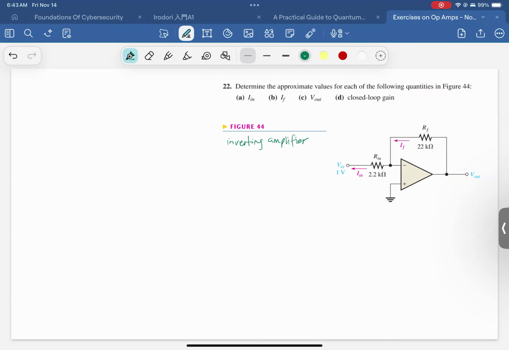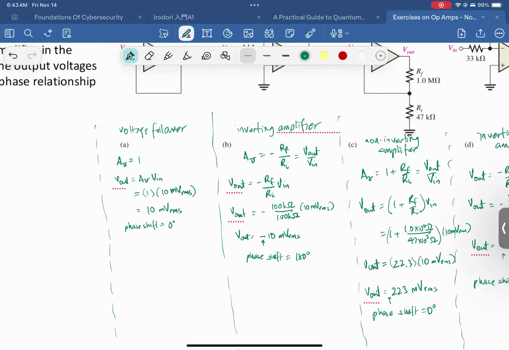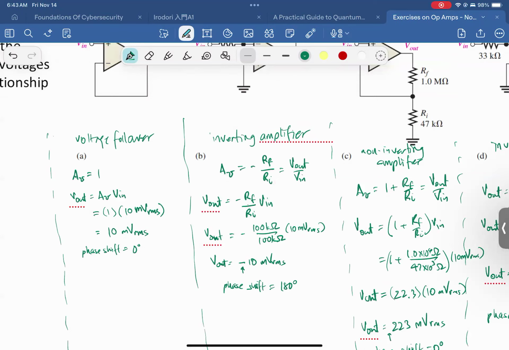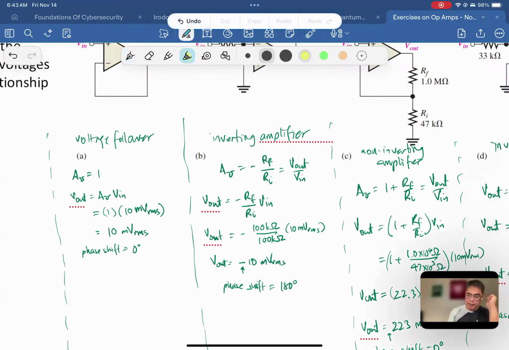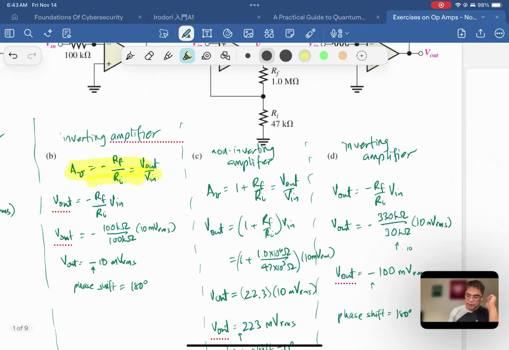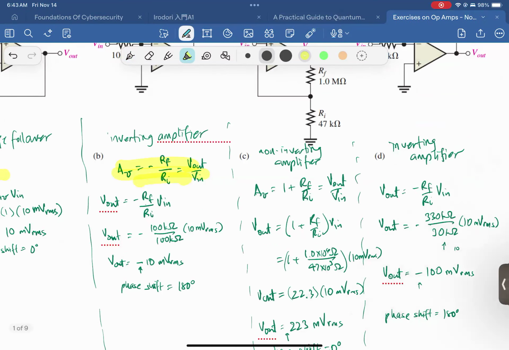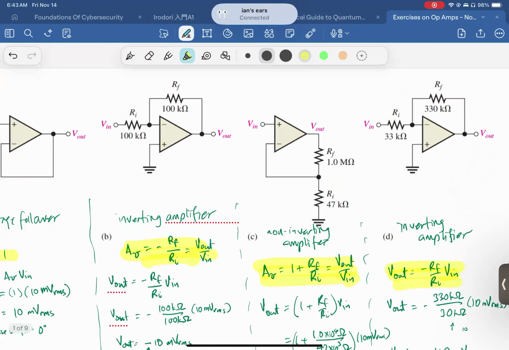So pag sinabi closed loop gain, yung mga expressions na nilalagay natin dito, lahat yan ay closed loop gain. It's a closed loop gain kasi kino-close nyo yung loop between the output signal at saka yung input signal.